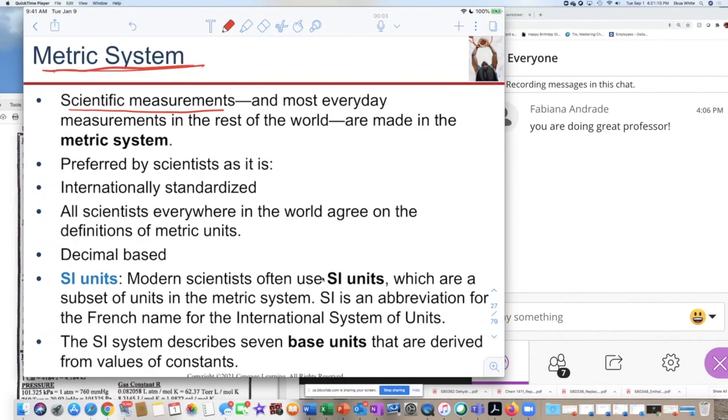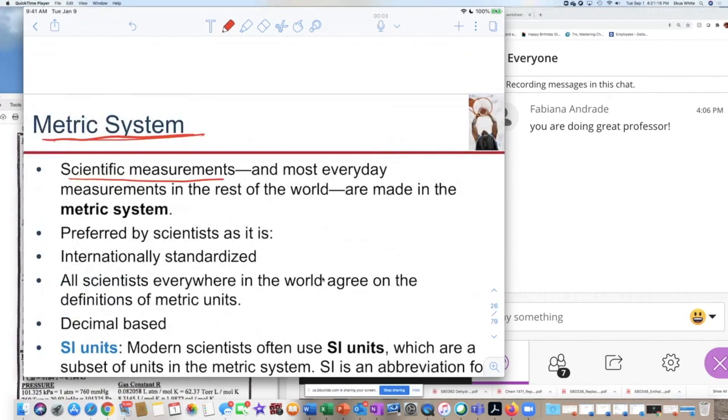So you have the 7 base units we discussed in chapter 2, right? The metric prefixes accompany the base units. So you tend to have a metric prefix that's written before the base unit. Okay?